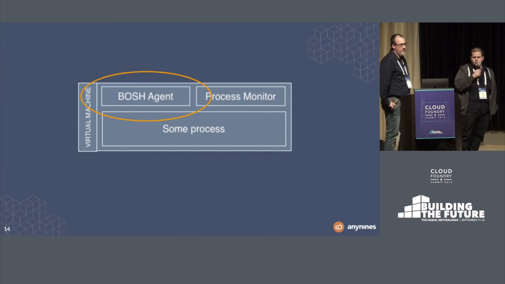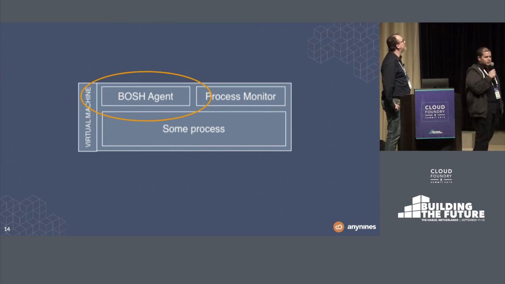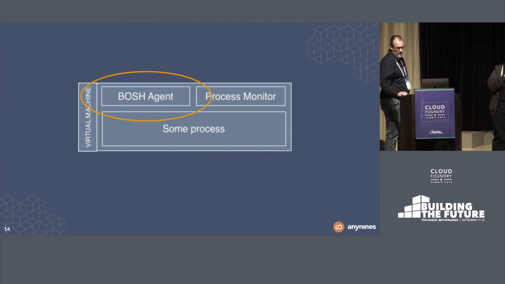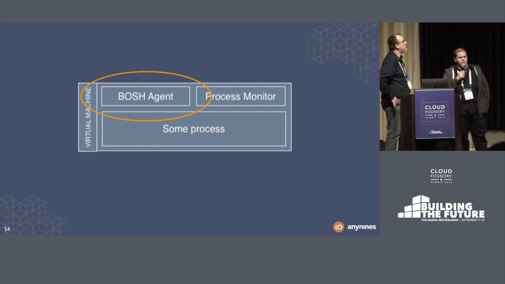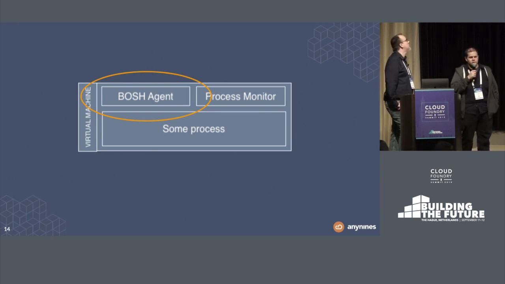So the BOSH agent is a small application that is deployed on each VM which is managed by the BOSH director. It communicates with the BOSH director, and should the BOSH director issue commands, then it will make sure that these commands are being executed.